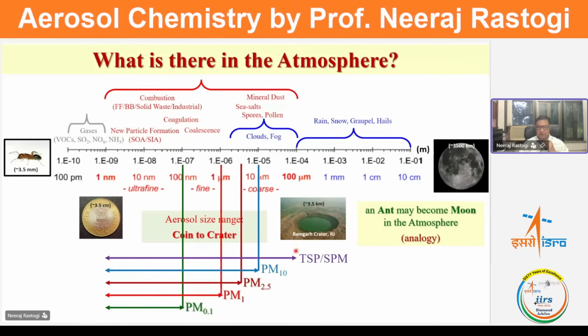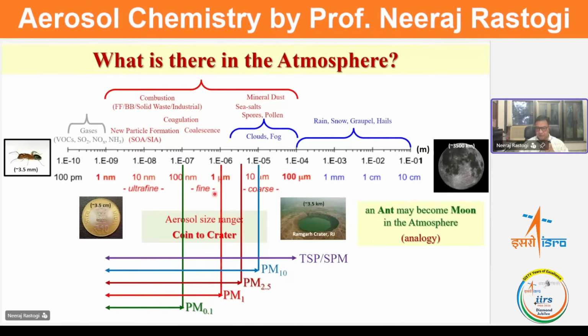Now, many of you would have heard the word TSP. TSP is total suspended particulate, or SPM, suspended particulate matter. If we are talking about all the size range from 1 nanometer to 100 micron, then it is called TSP or SPM. But if you are talking only about the particles which are smaller than 10 micron, then you call it PM10. If you talk about particles smaller than 2.5 micron, then it is called PM2.5.